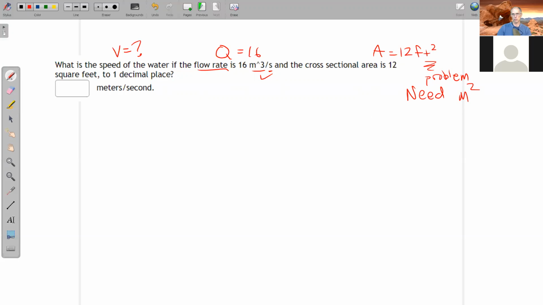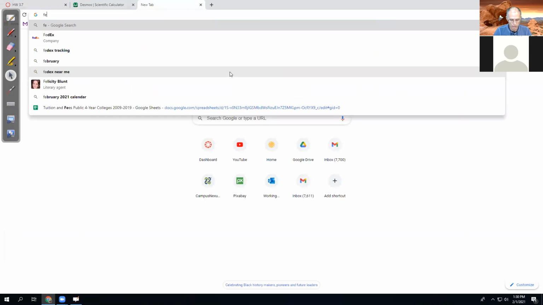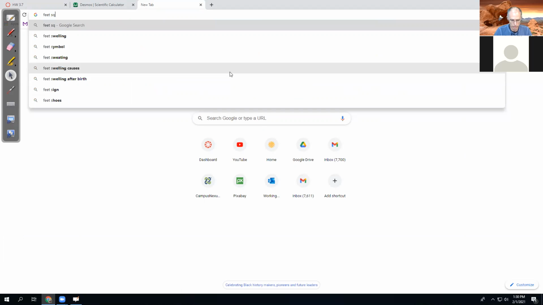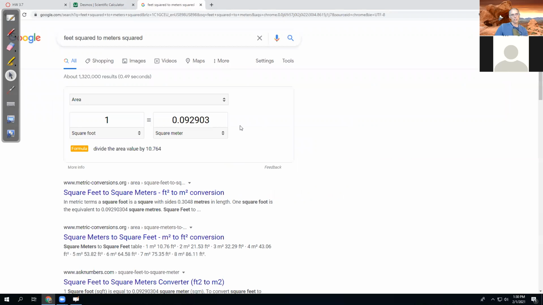One super easy way is to just search feet squared to meters squared. And Google will kindly say, hey, sure, we can do that. So if I started with 12 feet squared, Google says that should be 1.11484. Otherwise, we could use conversion factors, but this looks pretty nice.